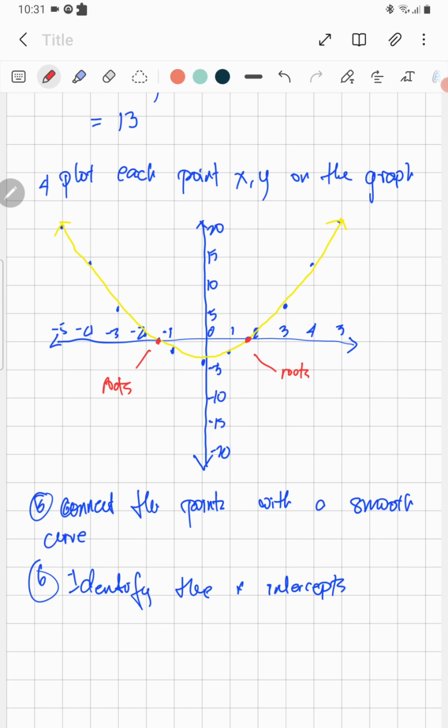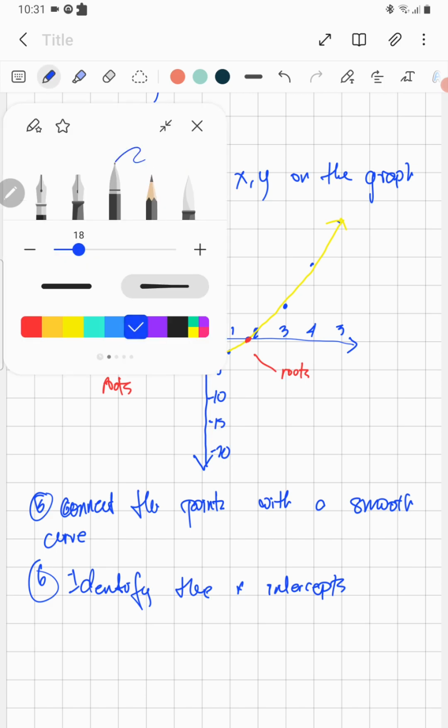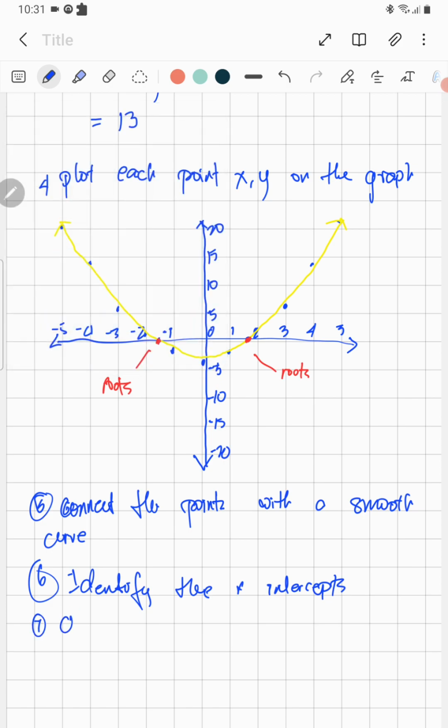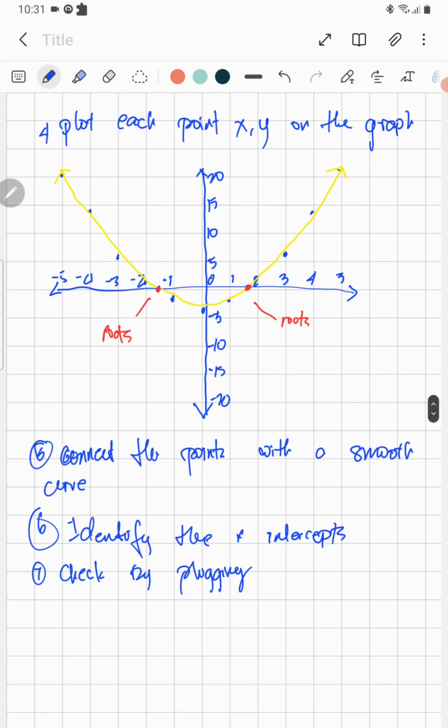Okay? And then for step 7, we have check the solution by plugging the x values of the x-intercept into the original equation. But we are not going to do that anymore, because we can already identify the roots based on our drawing. So, dahil medyo inaccurate yung drawing natin, there will be an error.